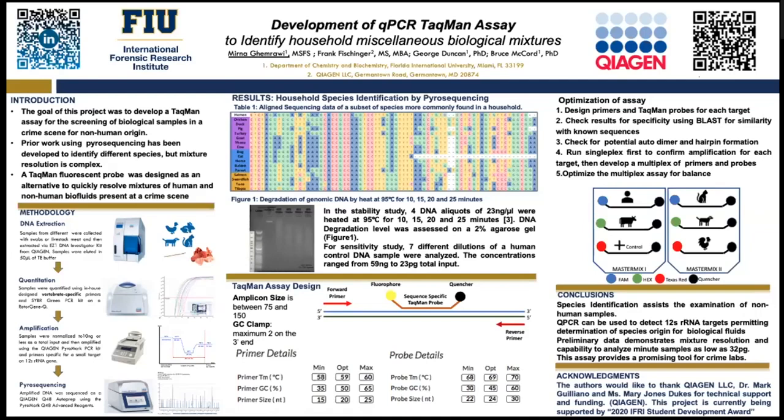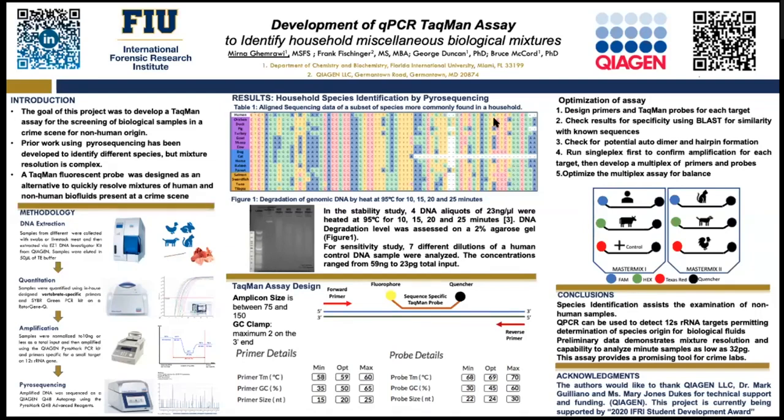It is challenging, in fact, to find targets that satisfy so many guidelines. One is the size of the probe. Second is the melting temperature of the probe and primers, how many G's and C's you have in those primers and probes, as well as the total amplicon size.